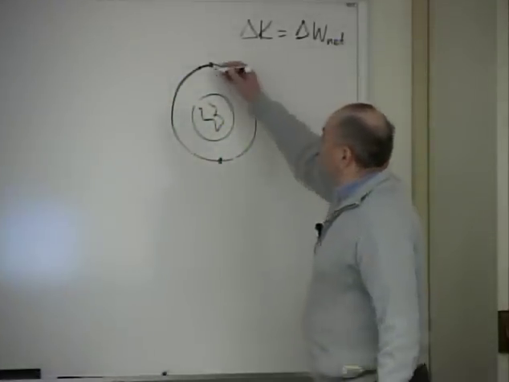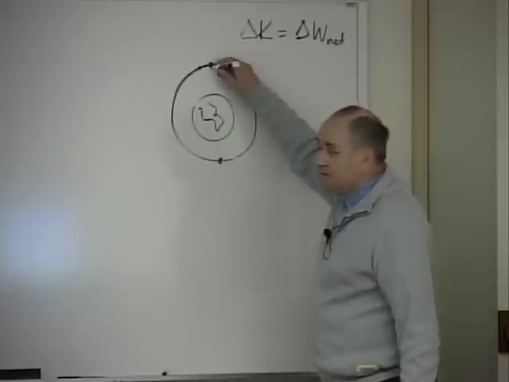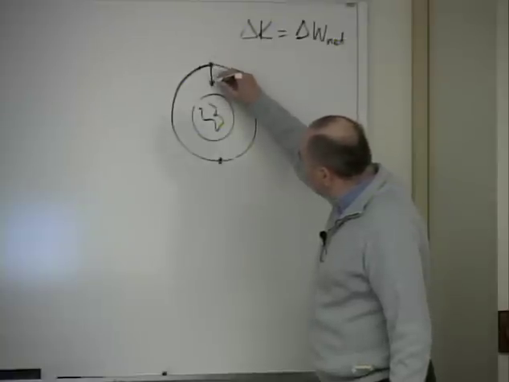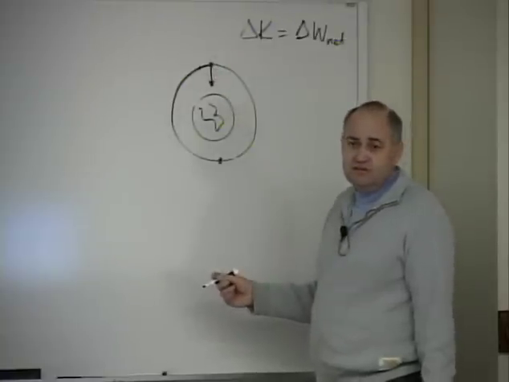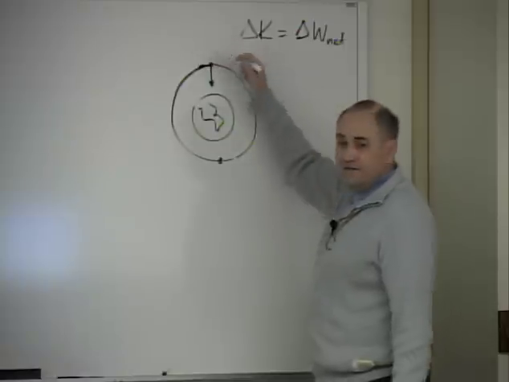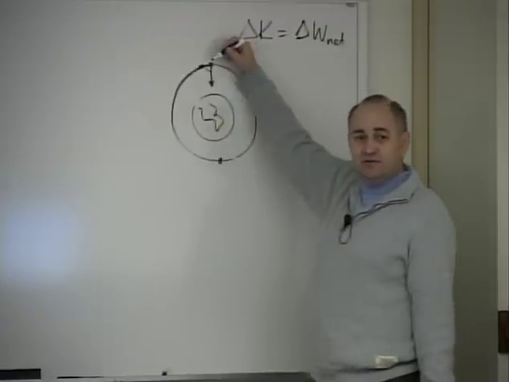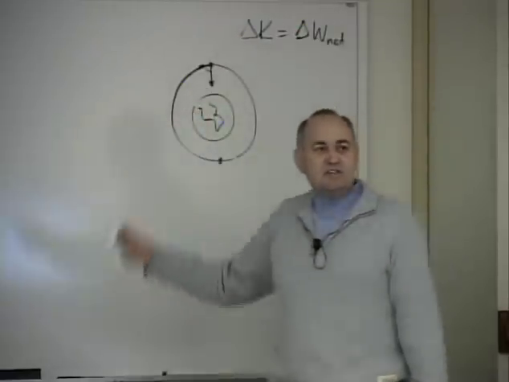Now, what direction is the force over here? Toward the Earth, right? The gravitational force is toward the Earth. Displacement is along the path. What's the angle between the displacement and the force? 90 degrees. All right.